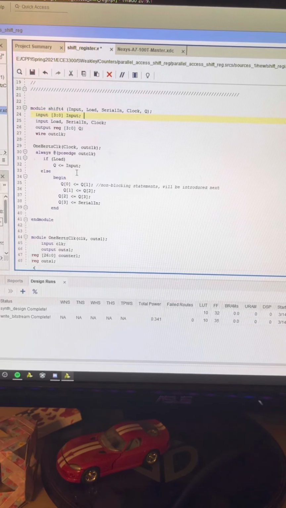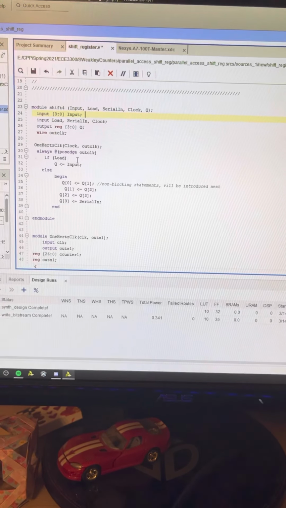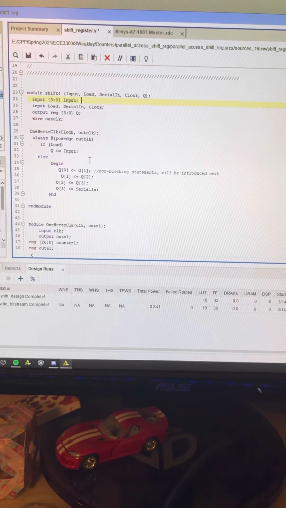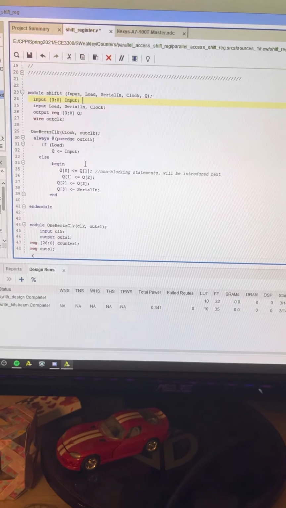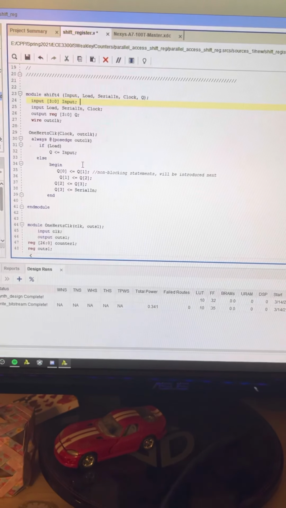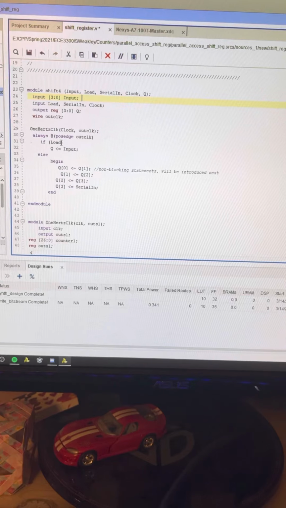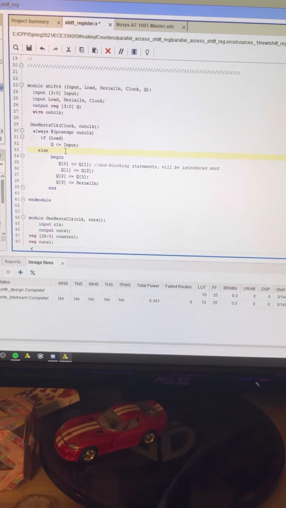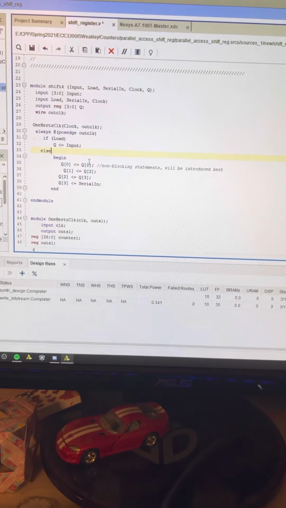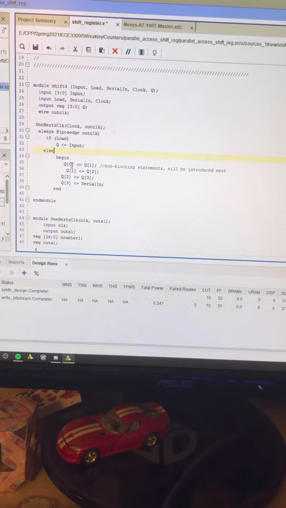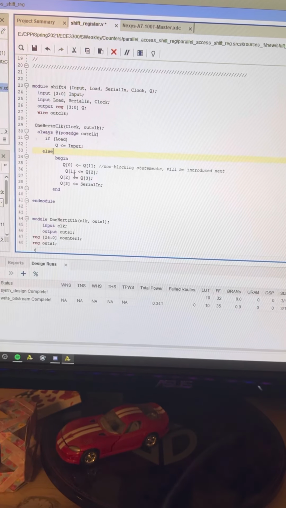So we just move our input to our output, straight move it. If switch 1 is on, LED 1 is on, and so forth. And if load is not true, that implies shift is true, because it's the opposite. When load's high, shift is low, and vice versa.